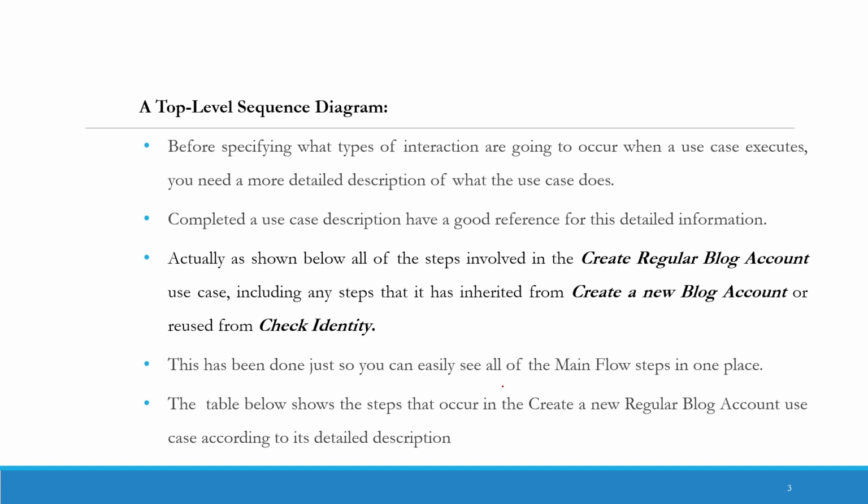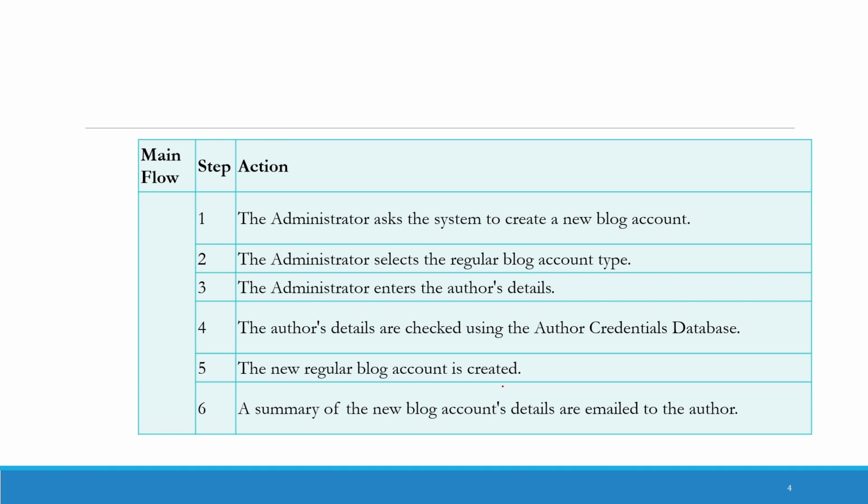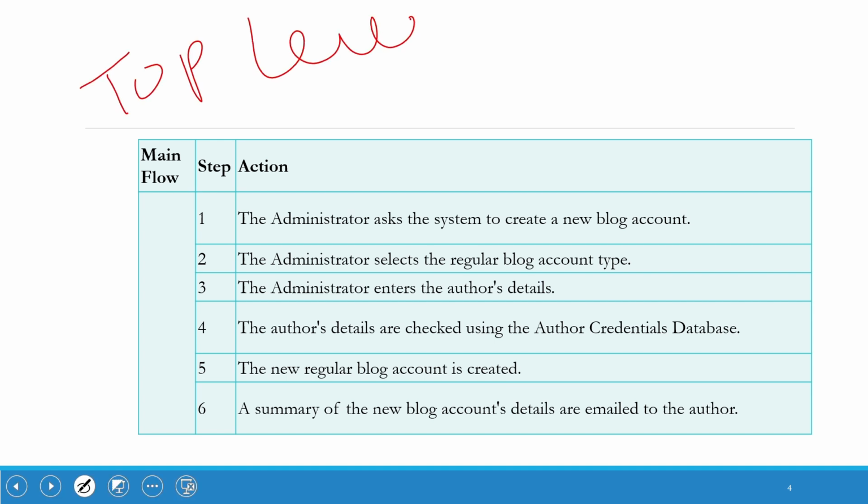Before specifying what types of interaction are going to occur when a use case executes, you need a more detailed description of what the use case does. So we have to identify the steps in this particular use case. This is already the top level sequence diagram.